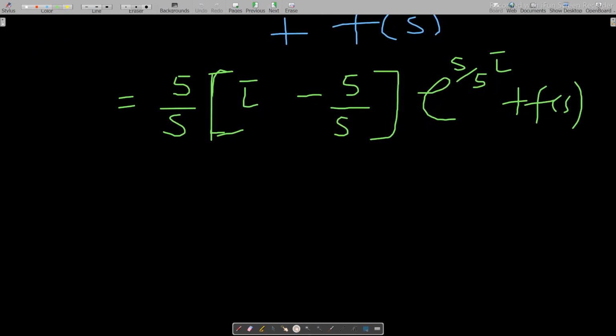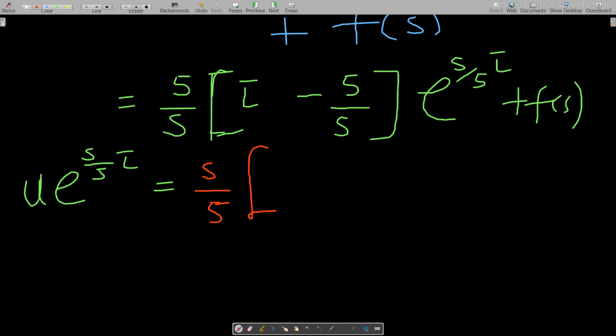So I have u e to the power s over 5 tau should be equal to, now we said there was a previous s over 5 here, if you remember, times the integral that you've gotten. Let's go and check.